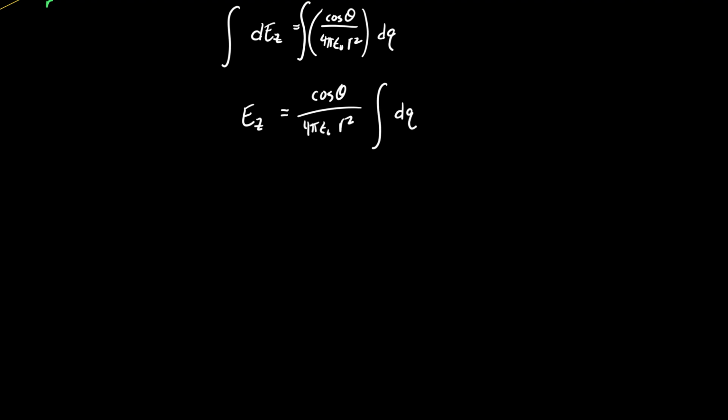Just pull them all out. And I'm saying I am going to add up all the pieces until I get the whole charge. Truthfully, I could just say that this portion alone is just going to be Q. Right? It's going to be the entire charge. Because not one of those pieces, wherever it is on the ring, has any different contribution to the electric field. They all contribute the same equal amount.